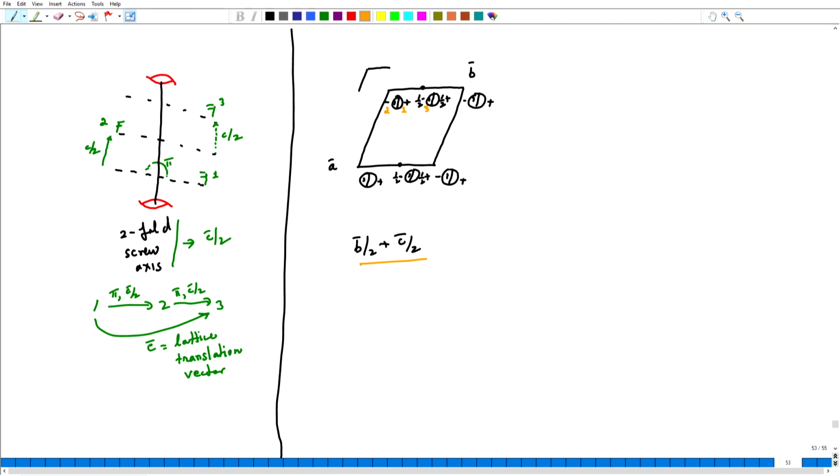Handedness remains the same, left handed, and it has gone to a position half minus. So, if I summarize this, 1 to 2 was sigma, 2 to 3 was B by 2 plus C by 2 translation.